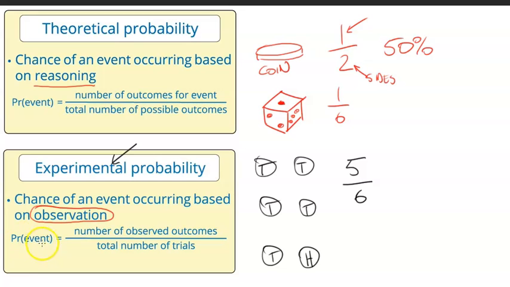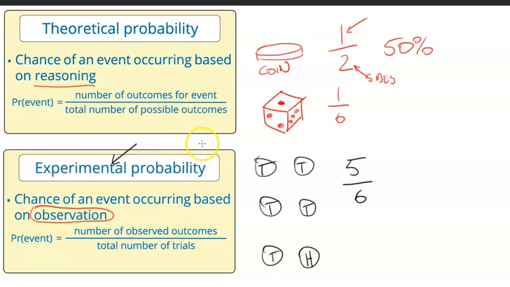So the probability of this event is the number of observed outcomes, in this case 5, divided by the total number of trials. We trialed this 6 times, and of those 6, 5 of them were tails. This is just a made-up hypothetical example, but I wanted to show you the main difference between theoretical and experimental probability. We're going to use these two formulas to help us out with the different types of questions.